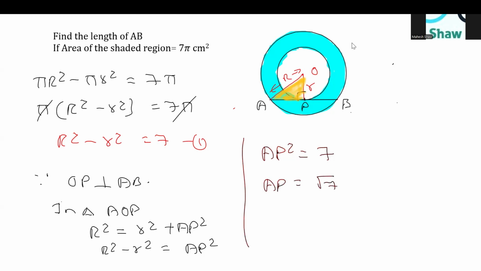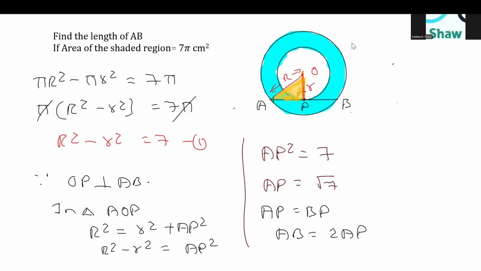under root 7. Now look at the outer circle, right? For the outer circle, AB is a chord and OP is perpendicular drawn from the center. We know that a perpendicular drawn from the center bisects the chord. So we can say that the length of AP should be equal to BP, or we may further say that AB will be twice AP, right?